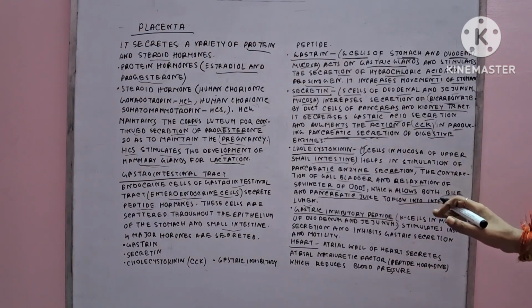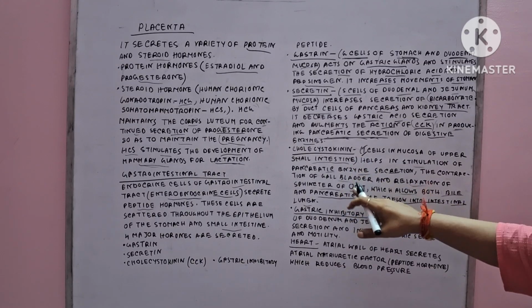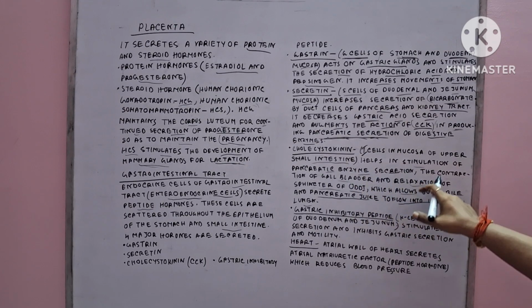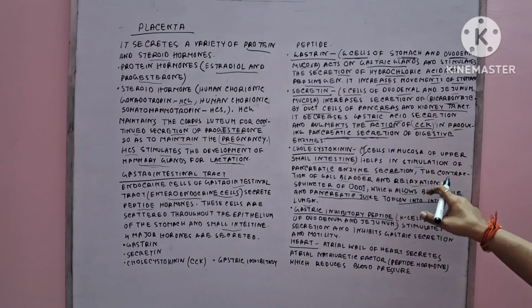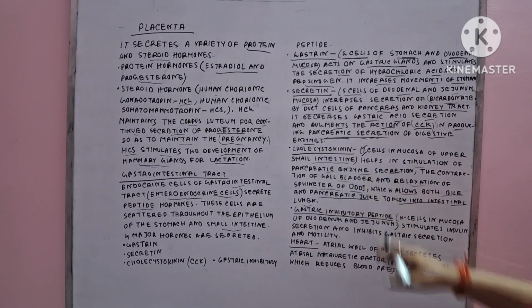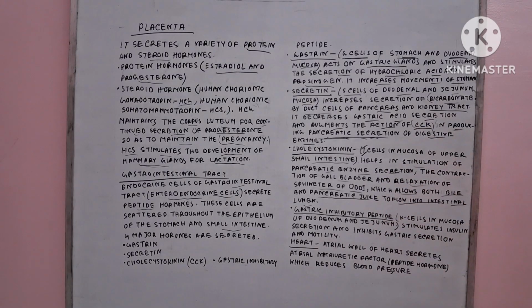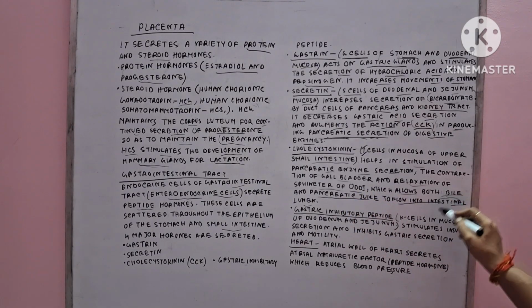So due to the relaxation of the sphincter of Oddi and the contraction of the gallbladder, bile and pancreatic juice flow into the intestinal lumen.